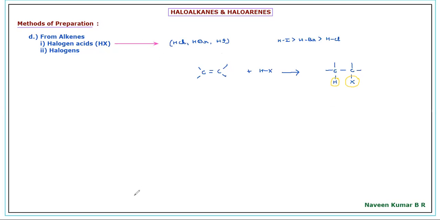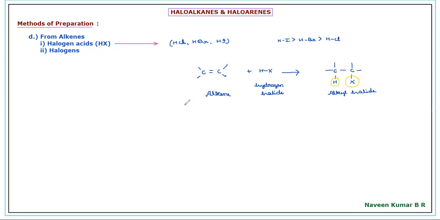So if we take any alkene and treat it with hydrogen halide or halogen acid, the pi bond is cleaved, and in its place one carbon is added with hydrogen and another carbon is added with halogen, resulting in the formation of the respective alkyl halide as a product.